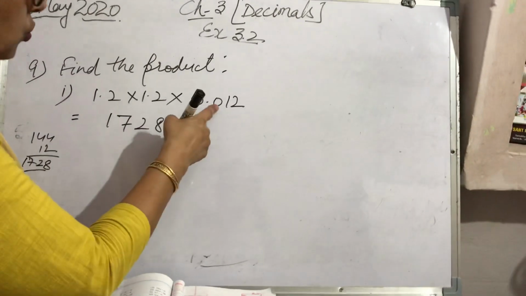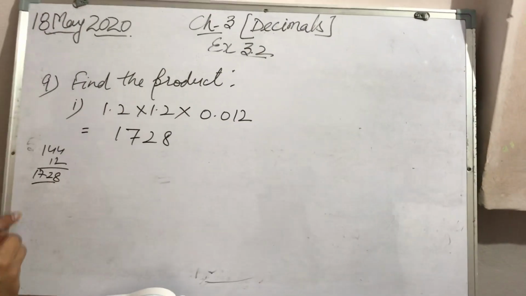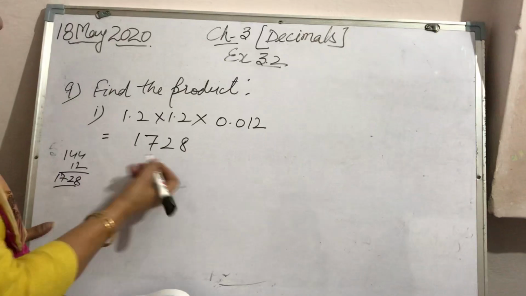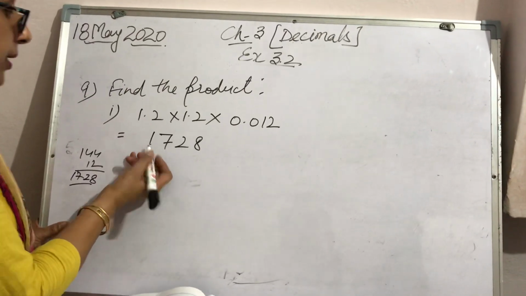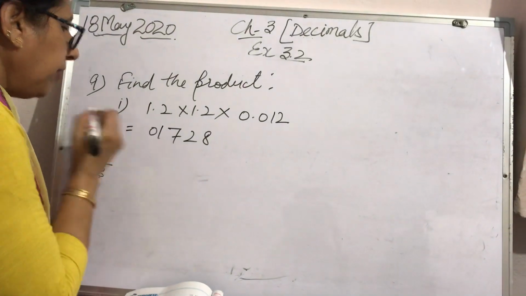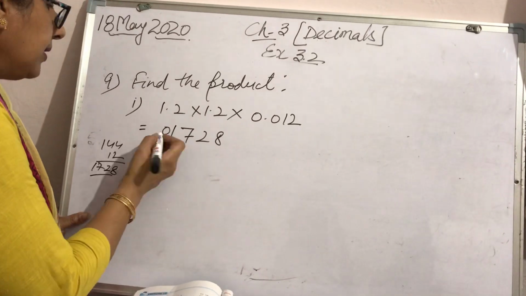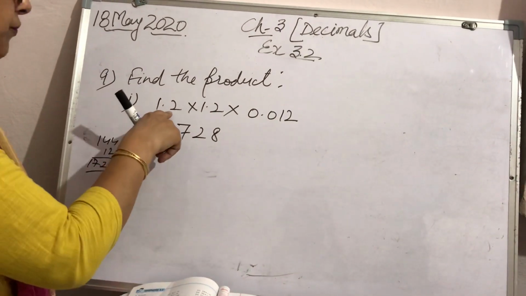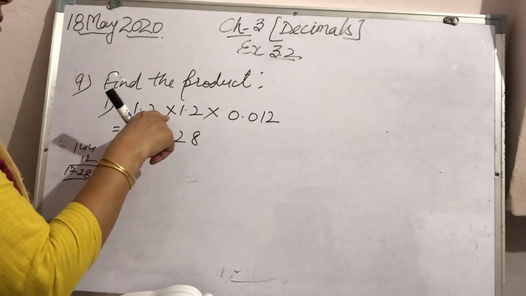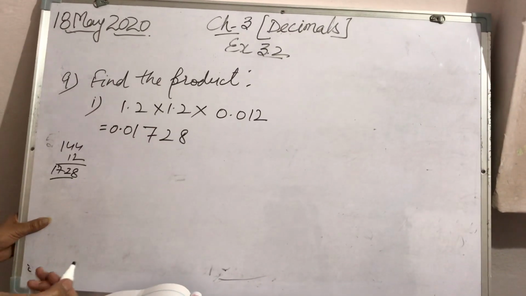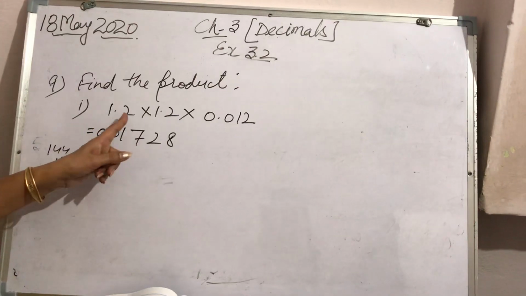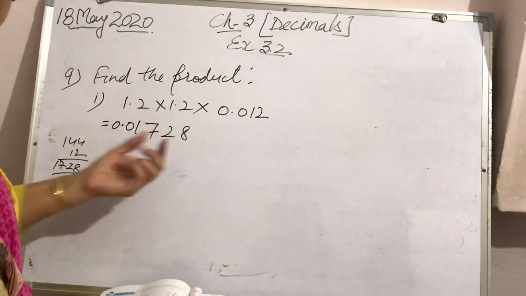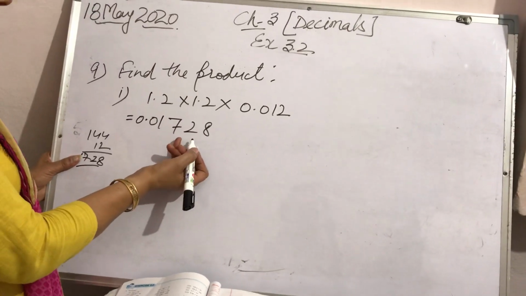1, 2, 3, 4, 5. 5 digits should be in the decimal part, but we have only 4 digits. So add 0 in front of these digits, then we'll use the decimal. In the product, the total digits should be 5.